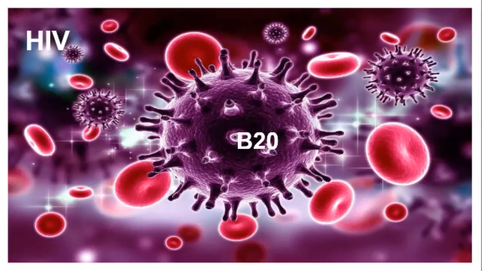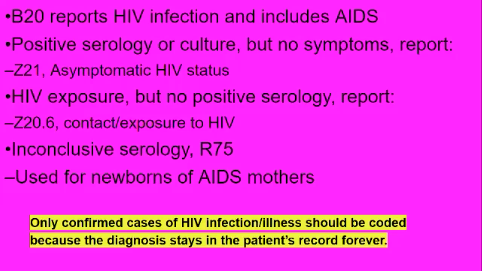So the next subject we're going to hit is HIV B20, which is the basic HIV code. You never code HIV unless you have a confirmed case, because once you code HIV in a patient's health record, it stays forever. So you can only code confirmed cases. So B20 reports HIV infection and includes AIDS.